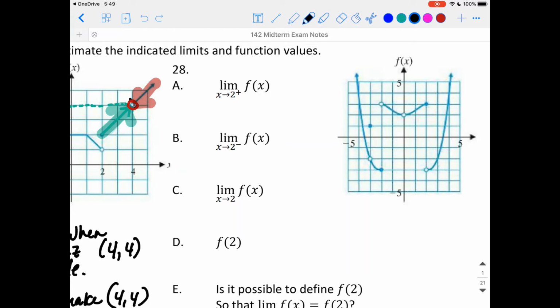I'll be doing that frequently. So here's 2 on the x-axis. And from the right-hand side, I need to put myself on the graph coming from the right-hand side. So here is the right-hand side of x equal to 2 approaching it. There's my arrow.